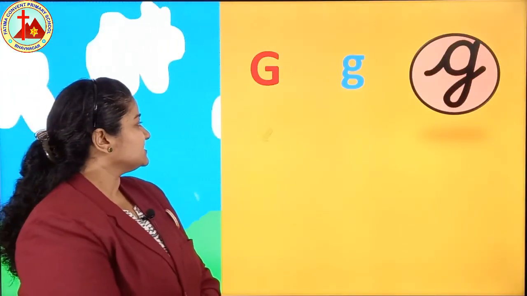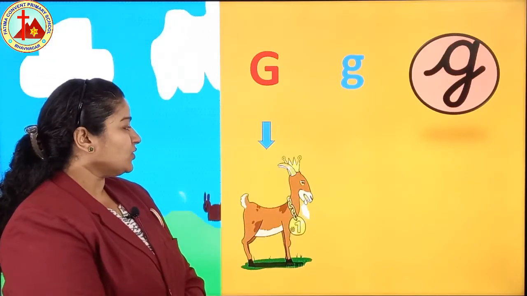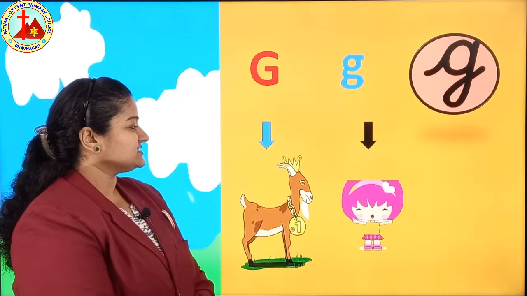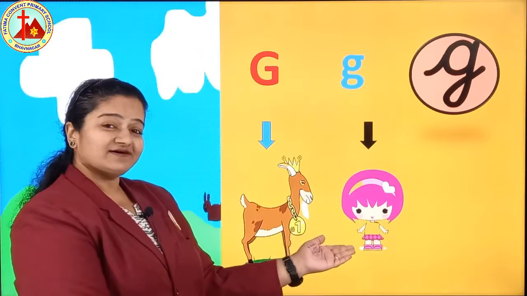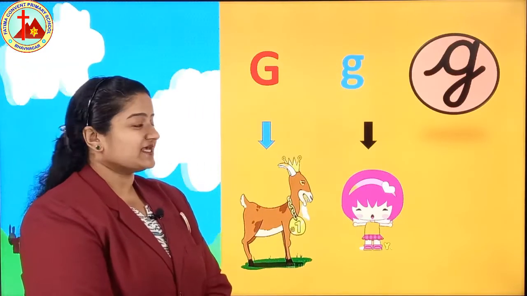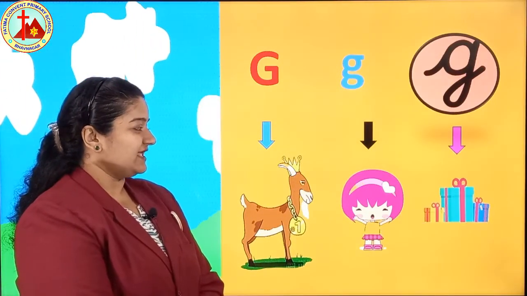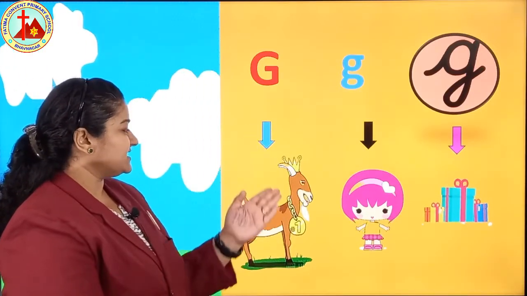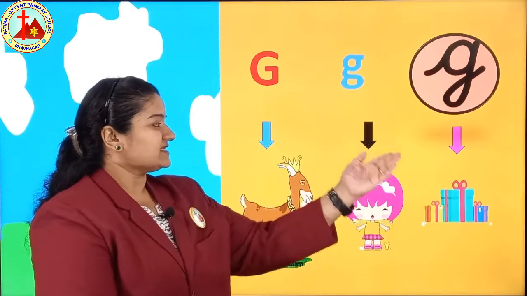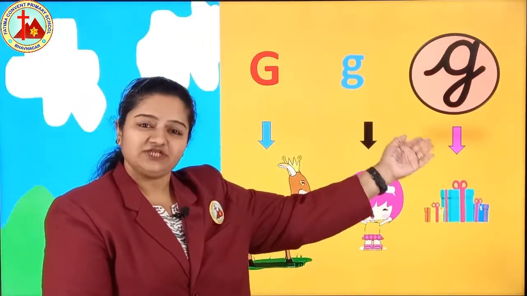G says goat. Again small g. G says girl. And last, cursive g. G says gifts. Yes. So G says goat, G says girl, G says gift. We are learning cursive g.